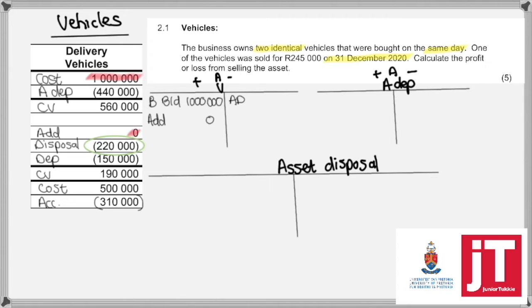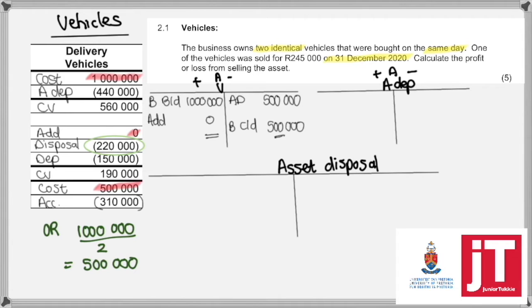That is at carrying value. They provided me with the balance at the end. So to calculate the cost on the asset which we disposed of, we simply take the debit 1 million minus the credit 500,000, and the difference is 500,000.